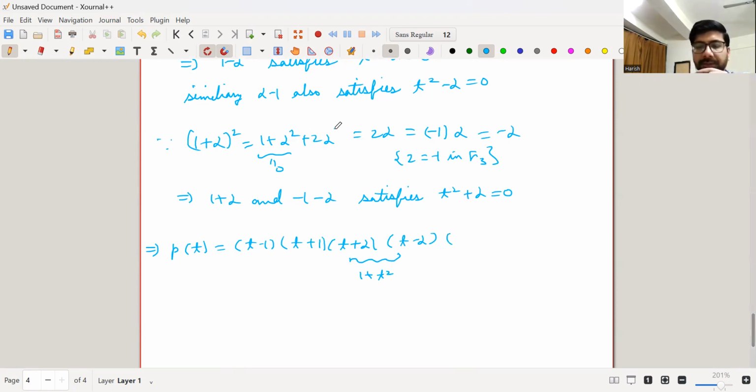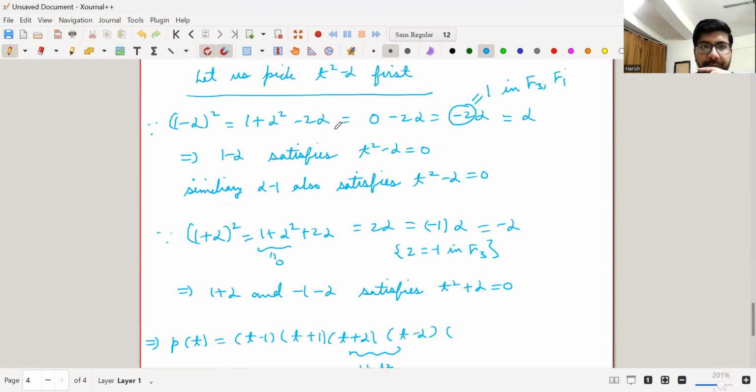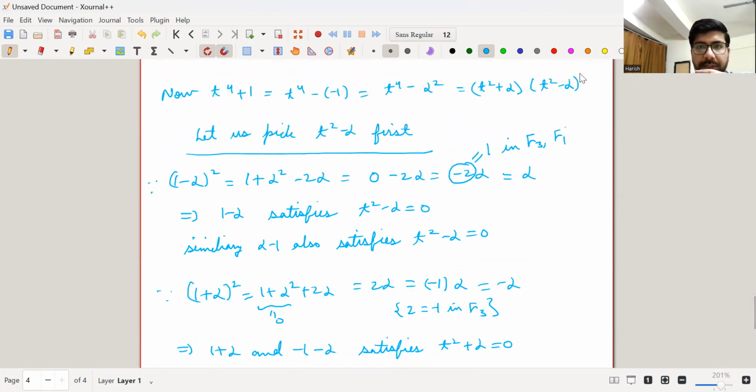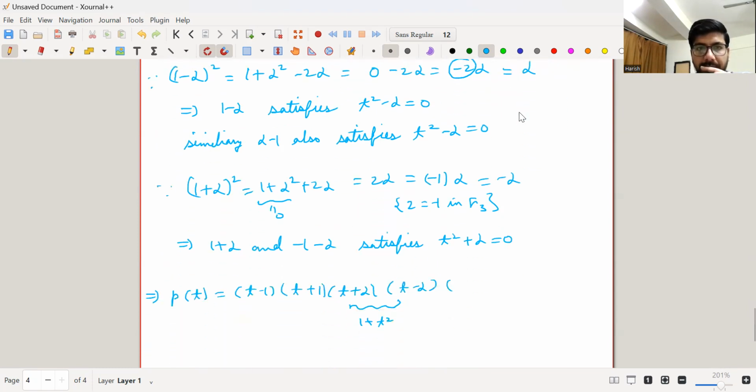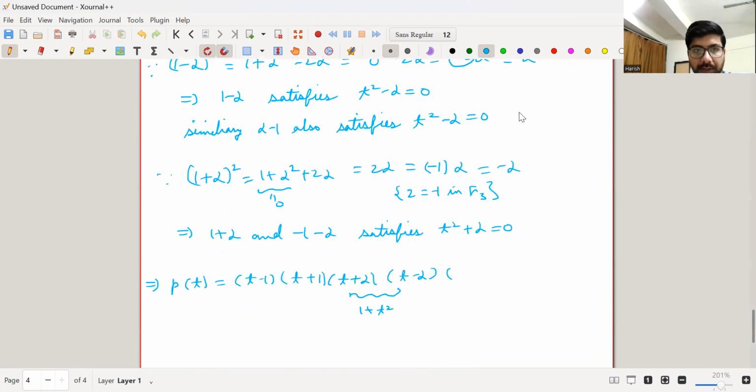So 1 plus t4 was t square plus alpha and t square minus alpha. And t square plus alpha was t minus first root 1 plus alpha, and second root minus 1 minus alpha, that is t plus 1 plus alpha. So this is t square plus alpha, right?